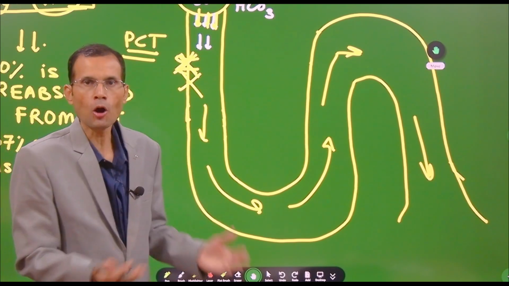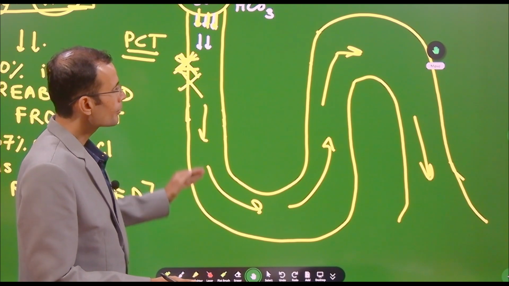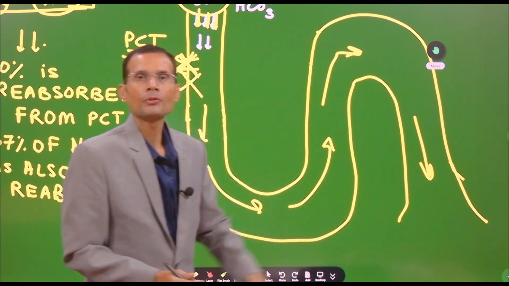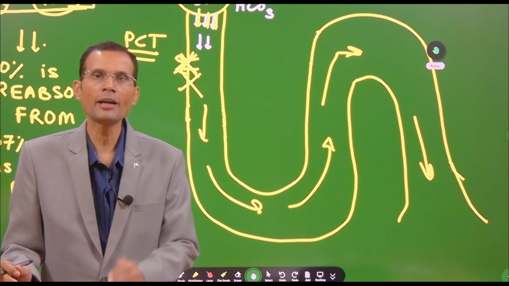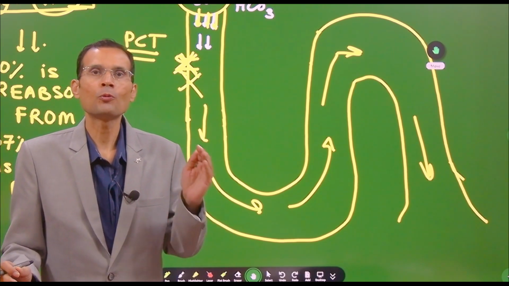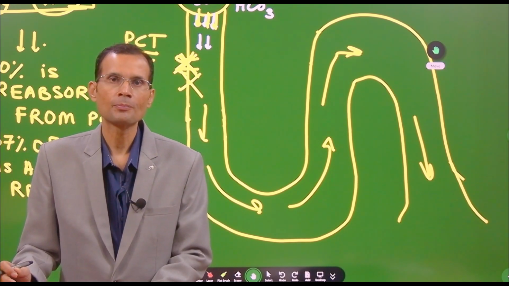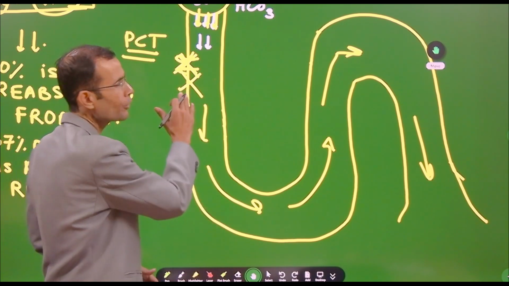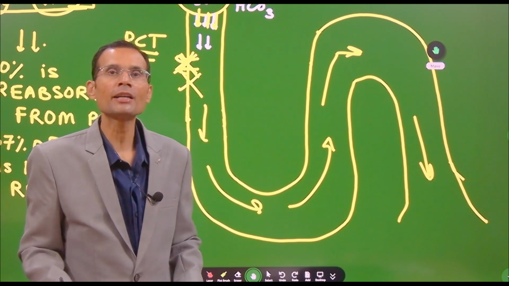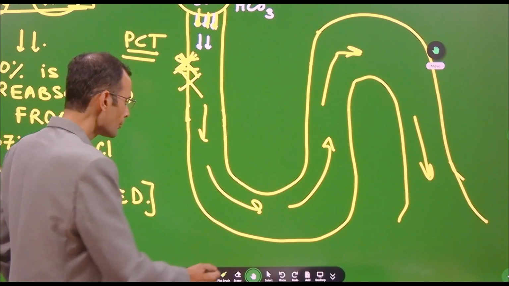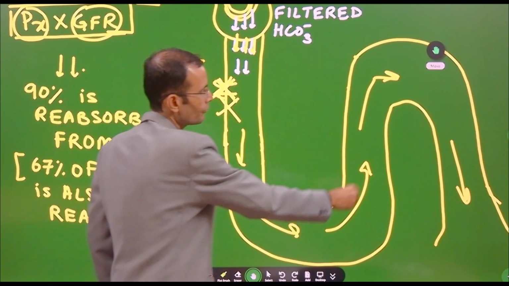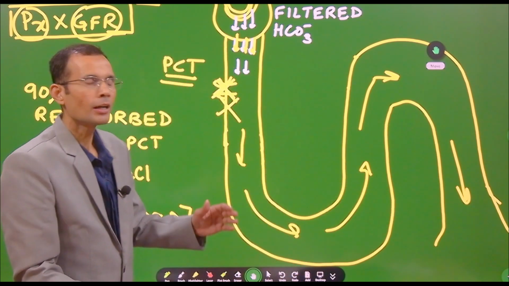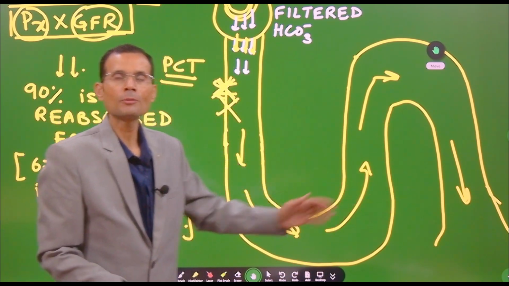It will be blocked in the PCT, so that the bicarbonate and along with that sodium and some amount of chloride and water will be lost into the urine as a result of blockade of the sodium bicarbonate reabsorption from the PCT. So that's point number one: the bicarbonate will flow all the way into the distal parts of the nephron.